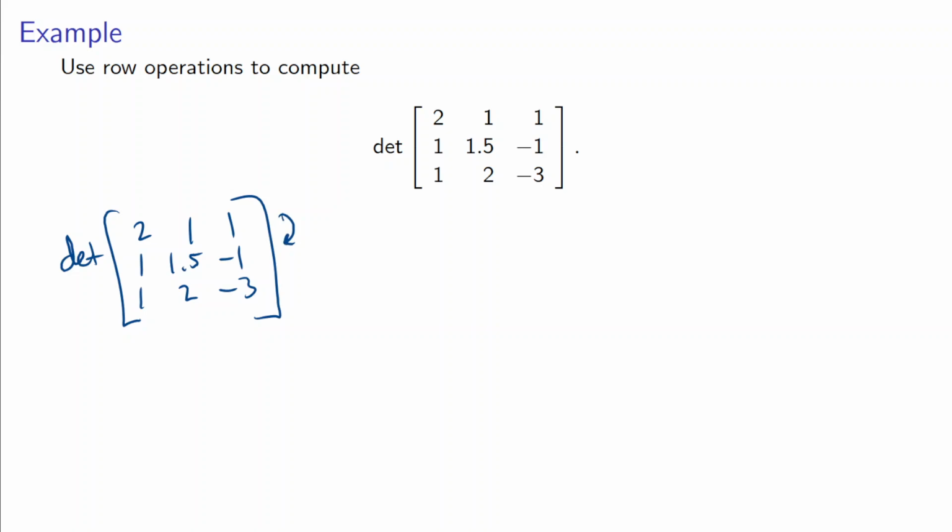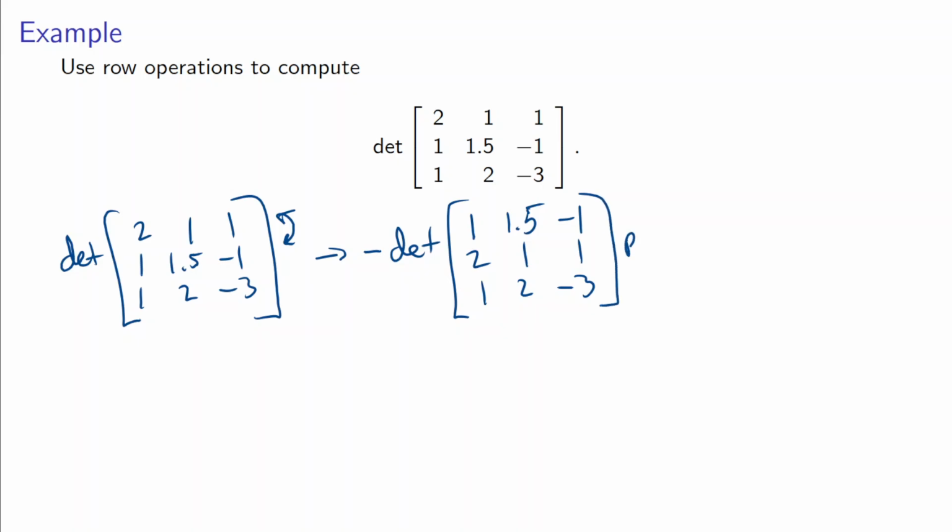We might start by interchanging two rows just to get a 1 in that position. Interchanging two rows of a matrix leads to the determinant being the negative of the other determinant. So this is negative the determinant of 1, 1.5, -1, 2, 1, 1, and 2, -3.